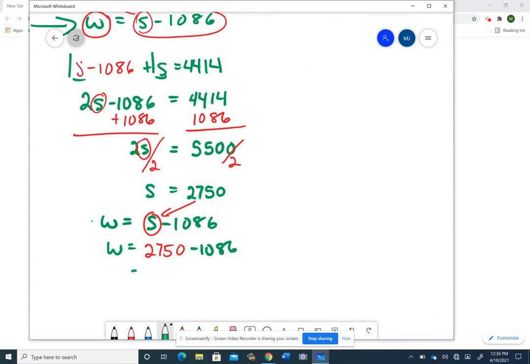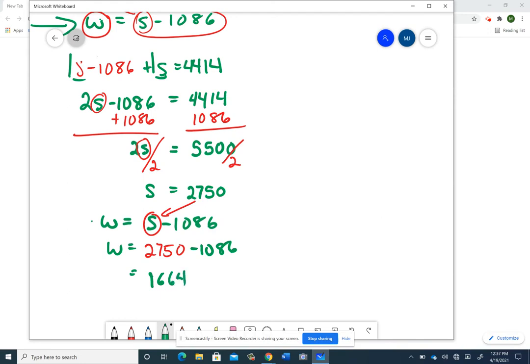Okay, so that's going to equal something. What is it? 1,600 and something. Let's see. 2750 minus 1086. All right, so that's going to equal 1664.